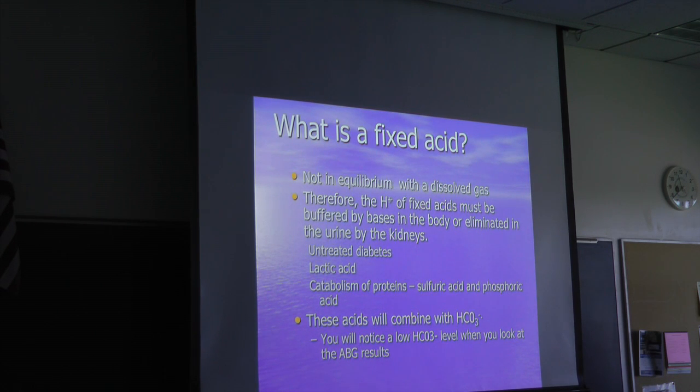So if the cells can't get enough oxygen, they still can produce energy, but then there's a byproduct that forms, and that byproduct is called lactic acid. So if you have a really bad cardiac output, your cells are starving for oxygen. So for energy they'll have anaerobic metabolism, but they're going to start producing lactic acid from it.